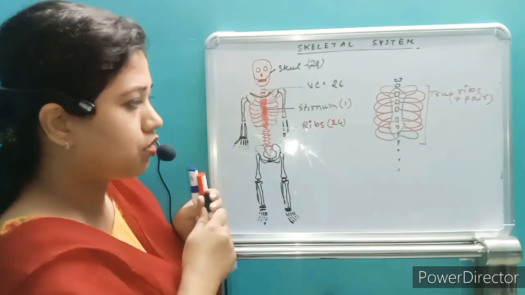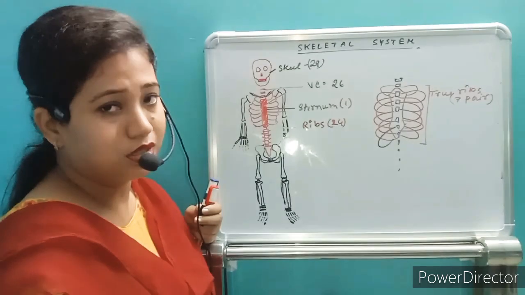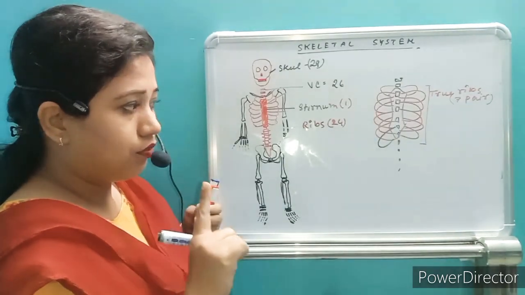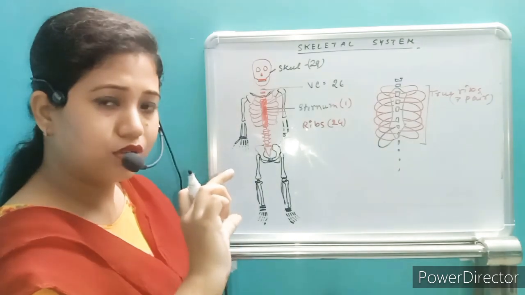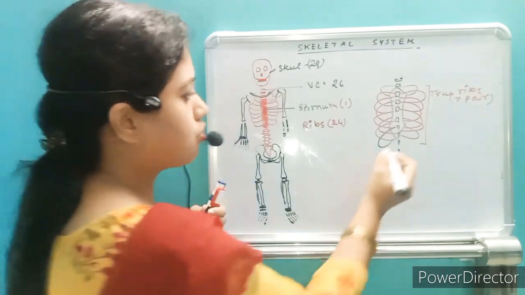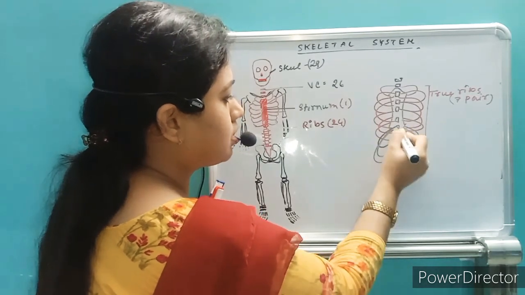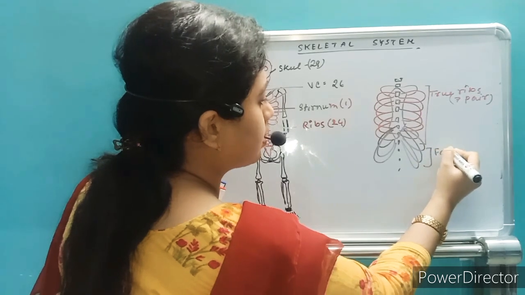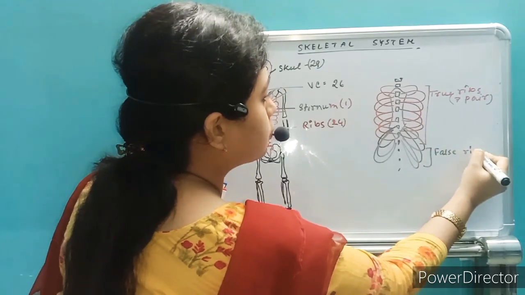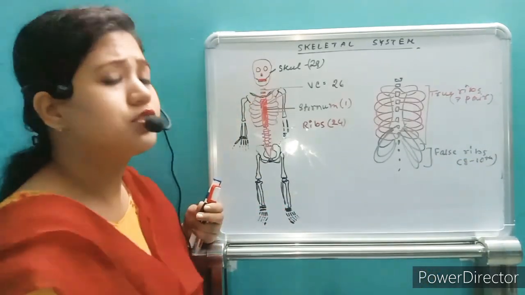Next, the bones which arise from the vertebral column but cannot attach with the sternum on the front, because the sternum is shorter. So 8, 9 and 10. These 3, that is the 8th, 9th and 10th ribs, are called the false ribs.